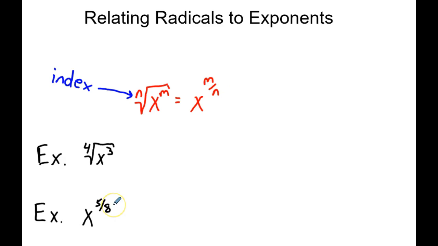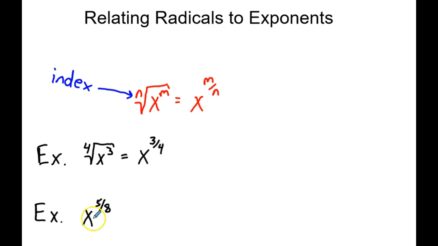So we just have a couple examples we want to go through, rewriting this radical in an exponent form for the first one. So we have the fourth root of x cubed. If I want to rewrite this as a rational exponent, get rid of the radical, this fourth root, the index of 4, just becomes the denominator of the fraction. So I would rewrite this as x raised to the 3/4 power.